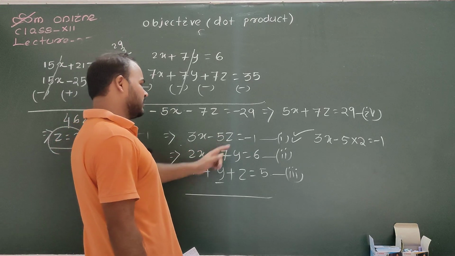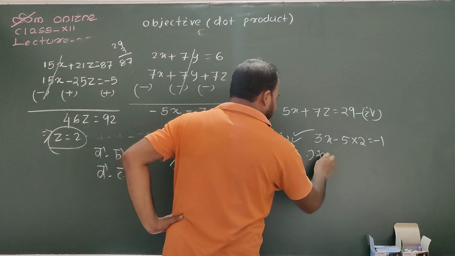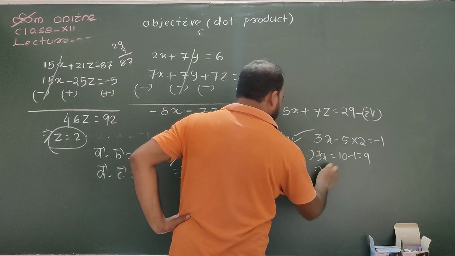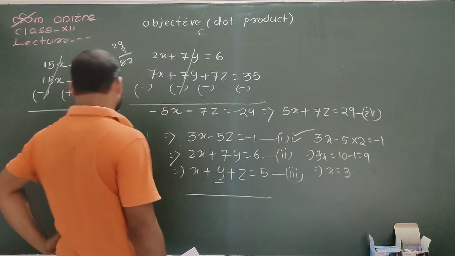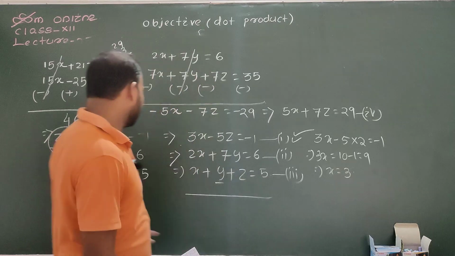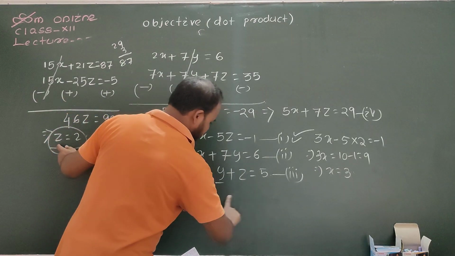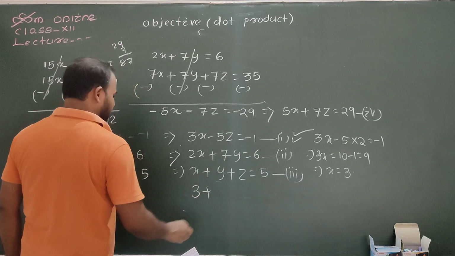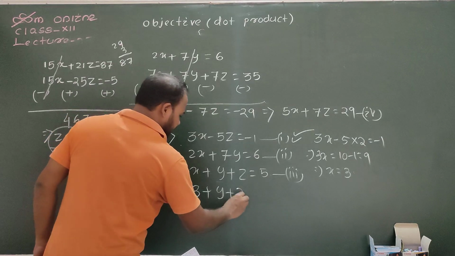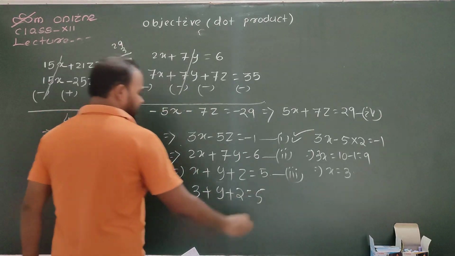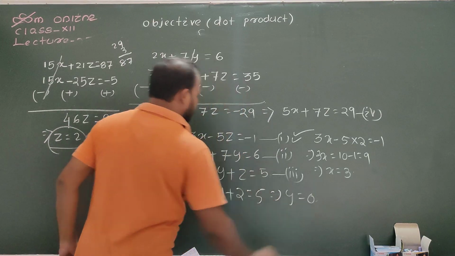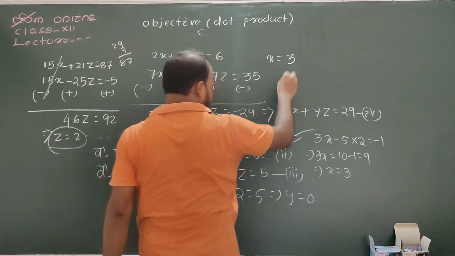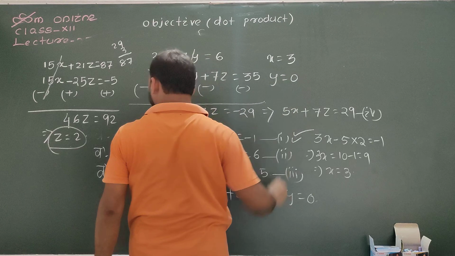So 3x minus 10 equal to minus 1, which implies 3x equal to 10 minus 1, that is 9, so x equal to 3. With x equal to 3 and z equal to 2, putting in the last equation, equation III: x plus y plus z equal to 5, so 3 plus y plus 2 is 5, which implies that y equal to 0.